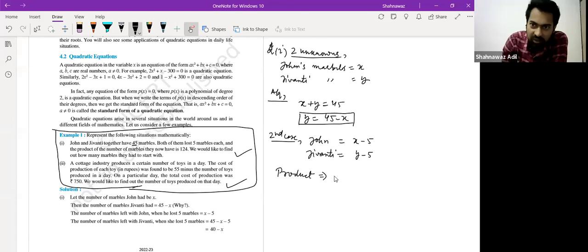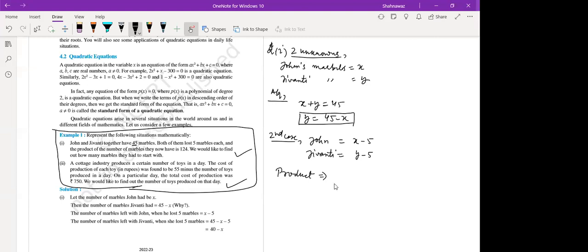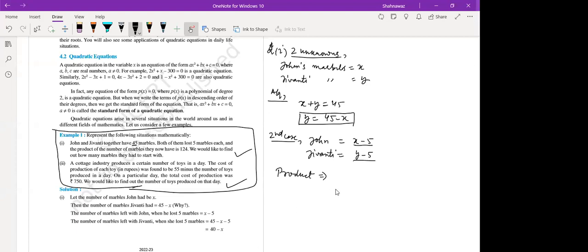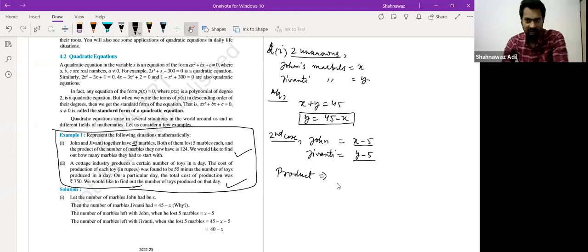Yes, Samar. Yes, sir. So what would be the product then? These are the numbers, right? So, Adil, what would be the product? Yes, Adil. Is your mic working, Adil?